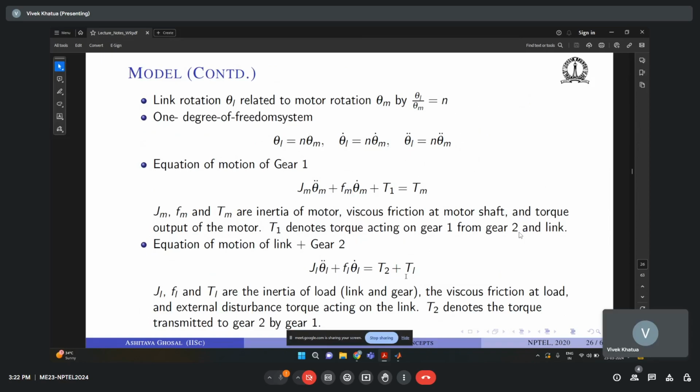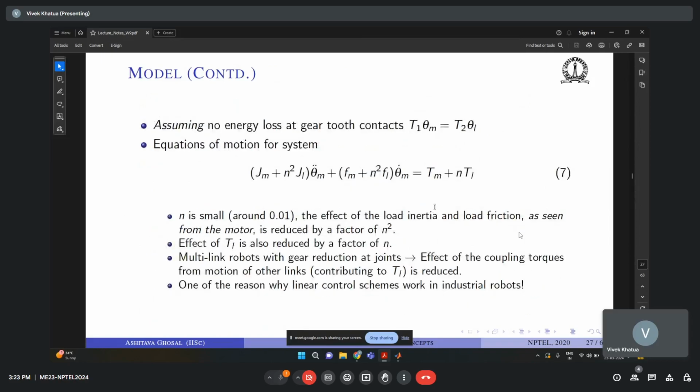Similarly, you have that of gear two, where torque one and torque two is applied onto gear 2, right? Torque 1 is from the previous gear, right? From there, we get an equation of motion with respect to the link parameter, that is JL, inertia of the link, inertia of the motor, viscous friction of the motor, and then that of the link.